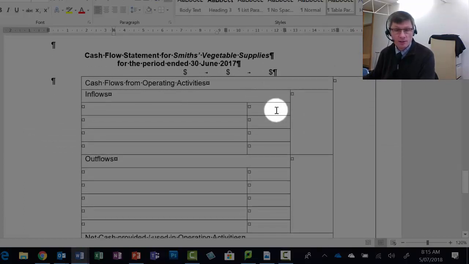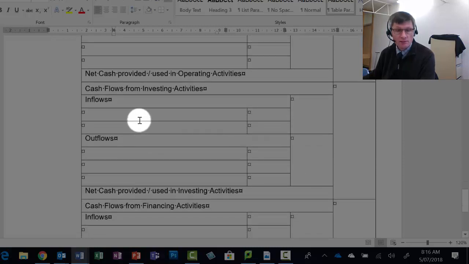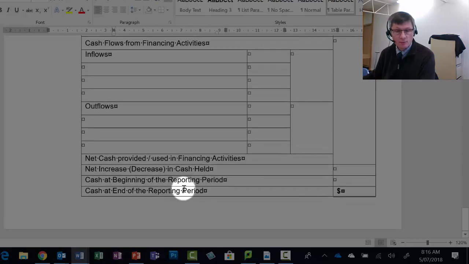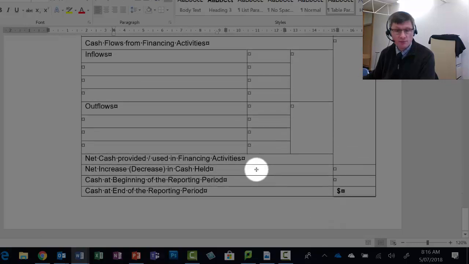There's obviously my cash flow statement that I'm going to show you how to fill in. You can see that there's three sections: operating activities, in and outflows. There's investing activities, in and outflows, and financing activity, in and out. And then we're going to get the final balance here. And once we get the final balance there, we'll know we've done it correctly.